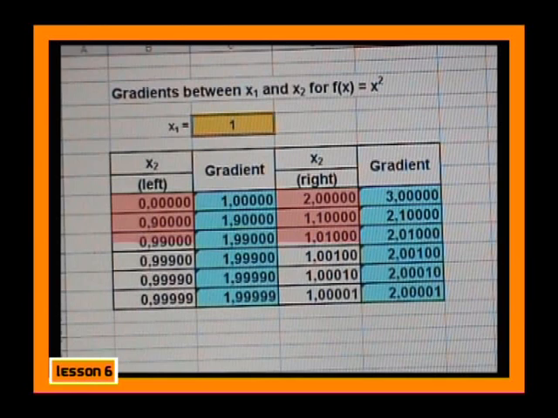As we brought the points for the function f of x equals x squared closer and closer together, the value of what we call the approximate gradient got closer and closer to 2 times the x value of the point of interest on the function. And that is all we mean by what you call the funny limit thingy.